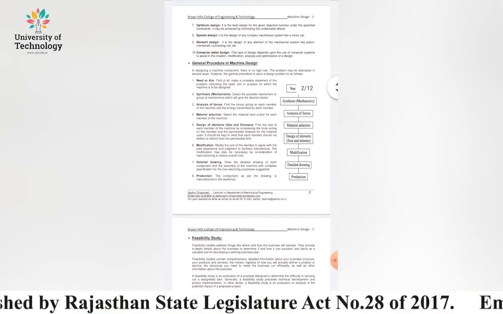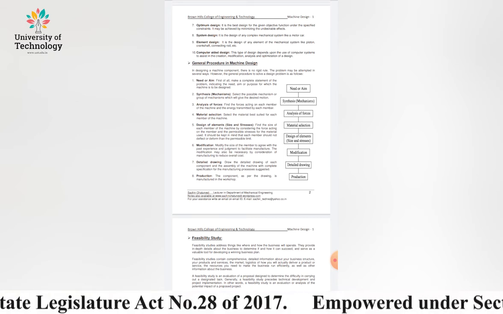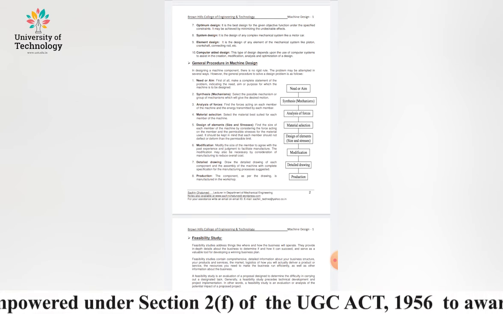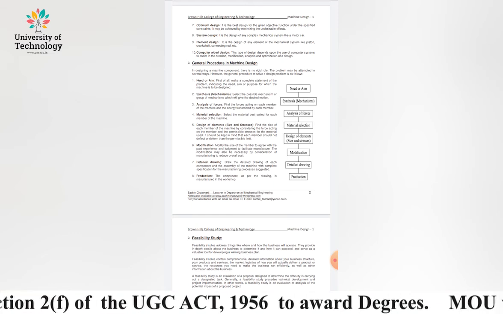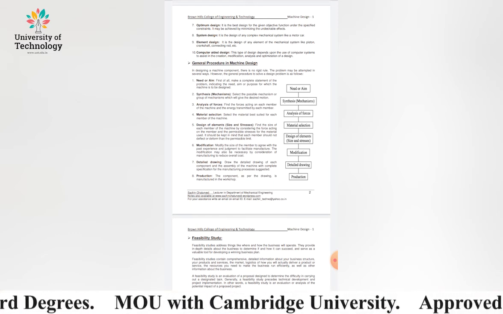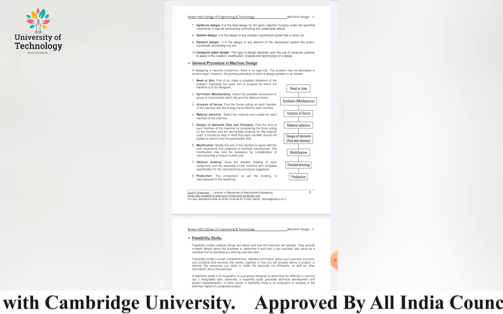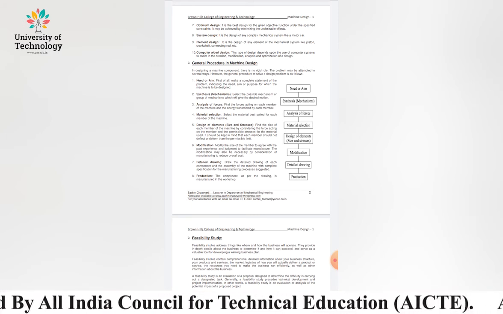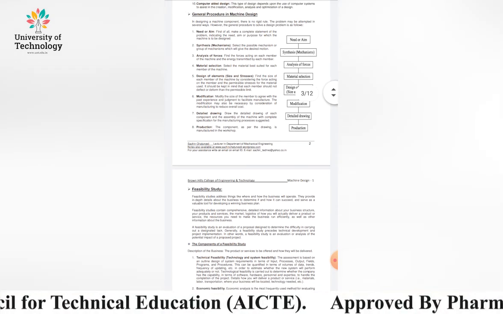Detailed drawing. Draw the detailed drawing of each component and the assembly of the machine with complete specification for the manufacturing processes suggested. Production. The component as per the drawing is manufactured in the workshop.